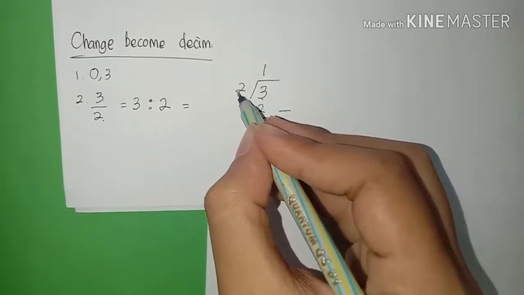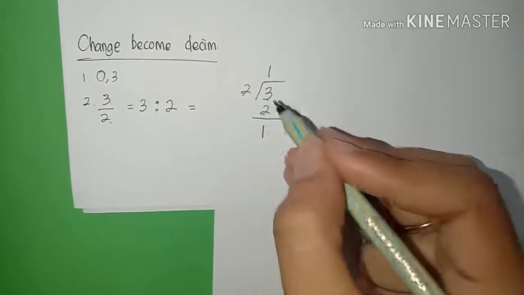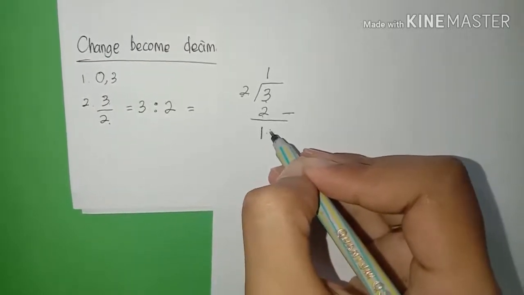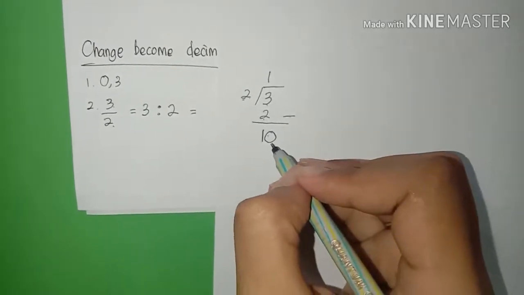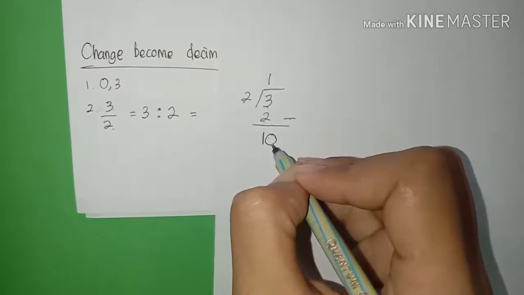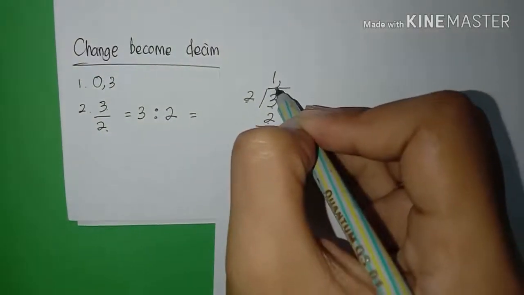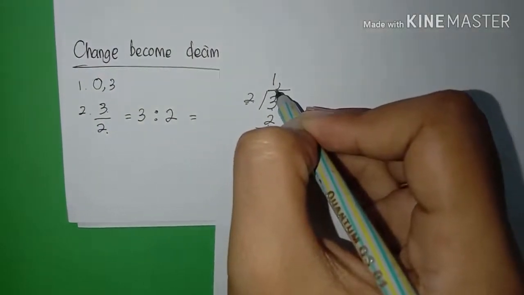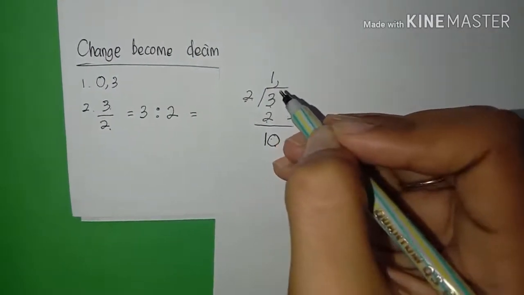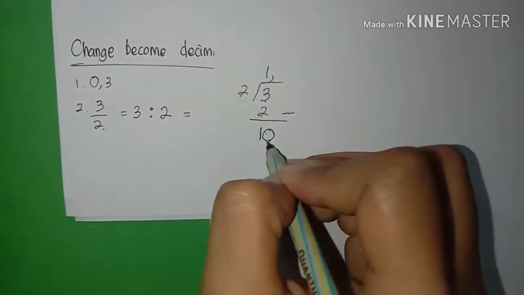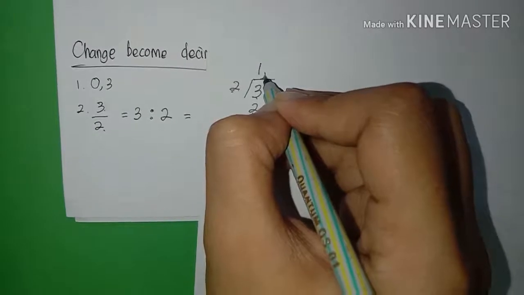Because 1 is not enough to divide by 2, 1 has to add 0. And if you add 0 here, you have to add a point here. This is the requirement. If you add 0, you have to add a comma or point.